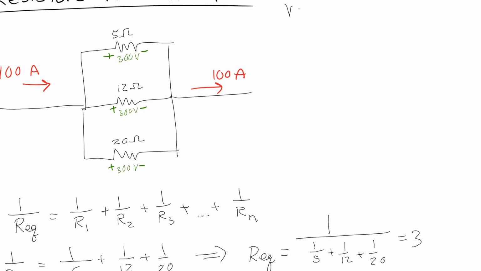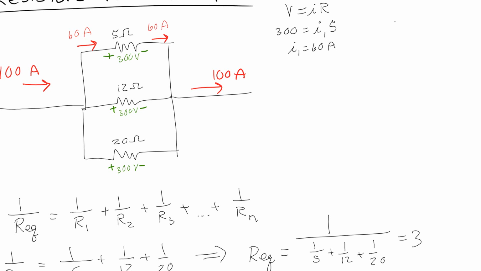Now again, because I know that V is equal to IR, for the first one, 300 volts is equal to the first current times the resistance, which is 5. So I1 has to be 60 amps. So there's 60 going in here, which means there has to be 60 coming out.